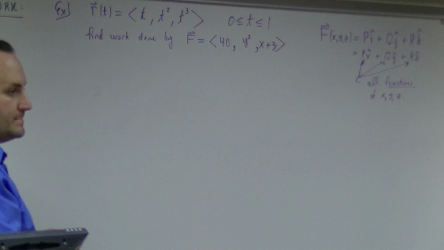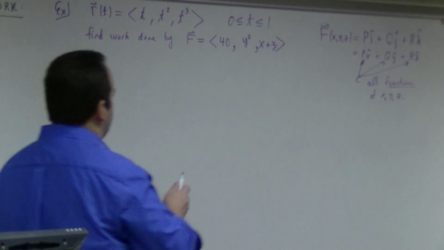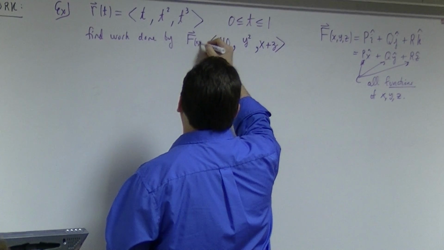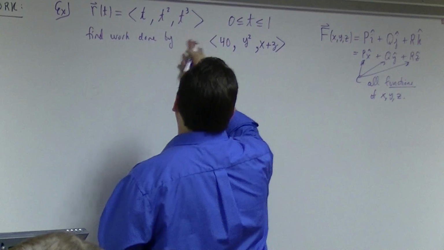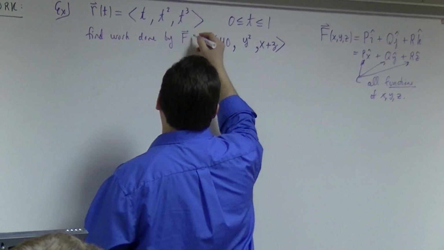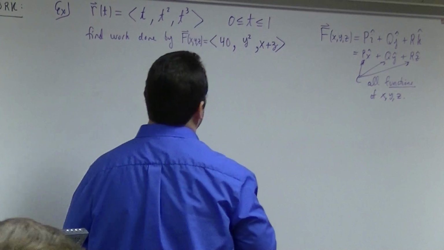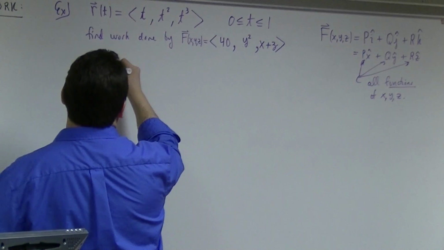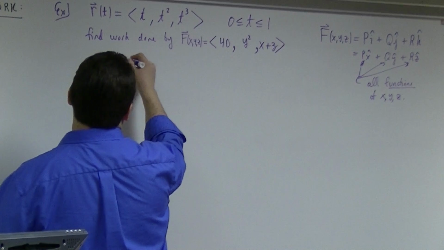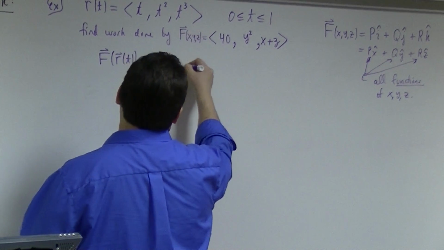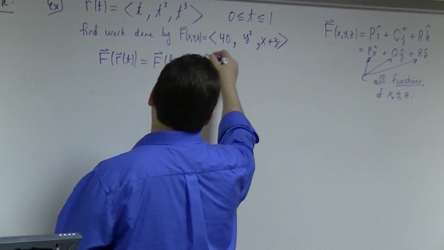So is that force F of r of t? That actually is just F of x, y, z, which I sometimes will just write as F, which is an abuse of notation, of course. So how do we convert that to F of r of t? Good question. F of r of t, in this context, would be F of t, t squared, t cubed.